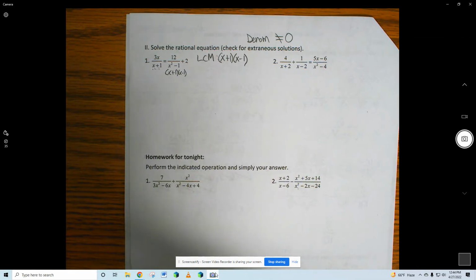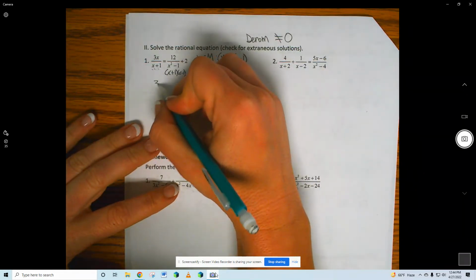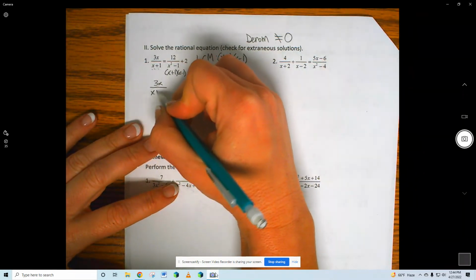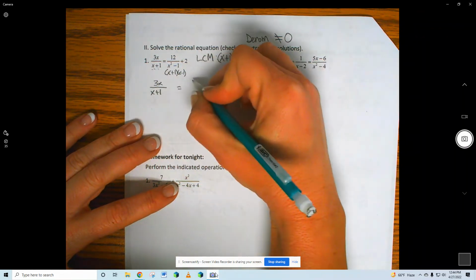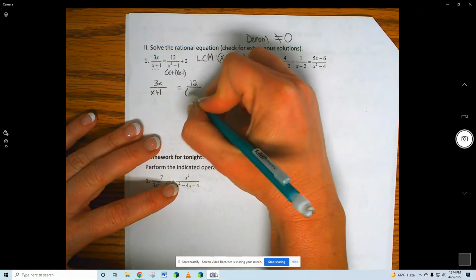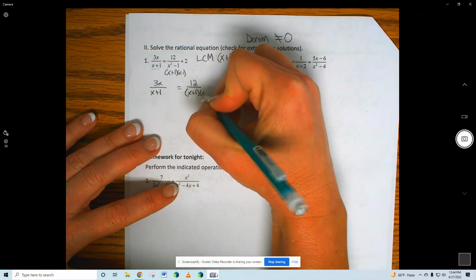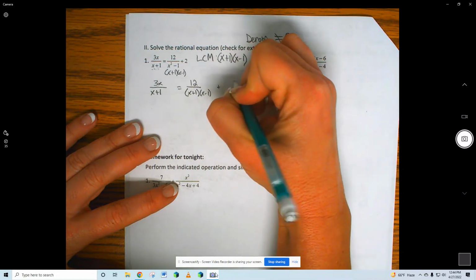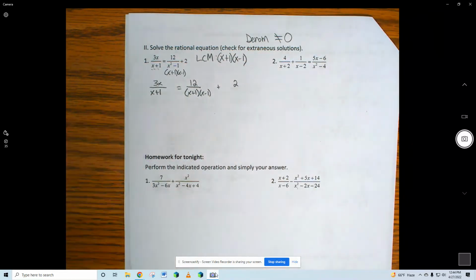Okay, I can multiply by the least common multiple. So let me really get this. I'm spreading it out, guys. Okay.